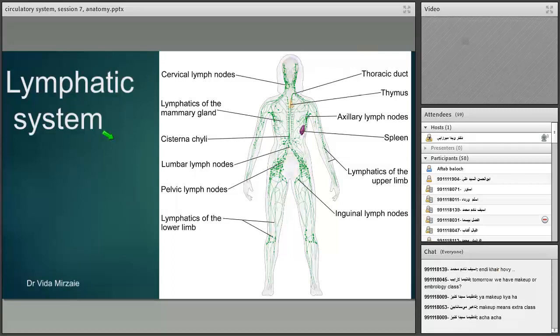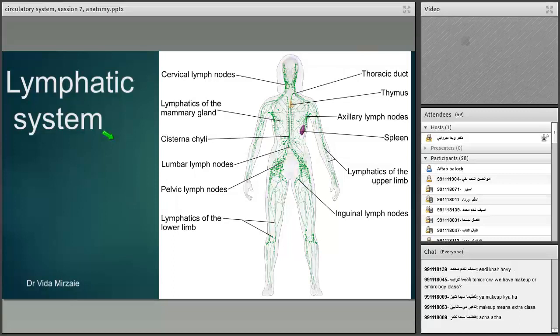I have explained to you in our first session that the arteries are dividing and then they are forming the capillaries in each tissue. These capillaries, at the end part of the tissues, have one layer of cells and also a basement membrane.